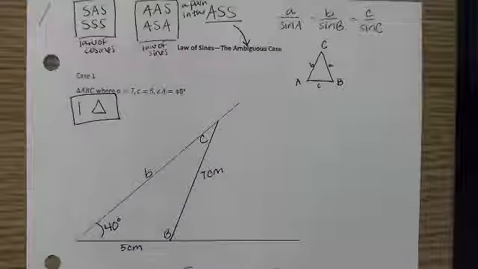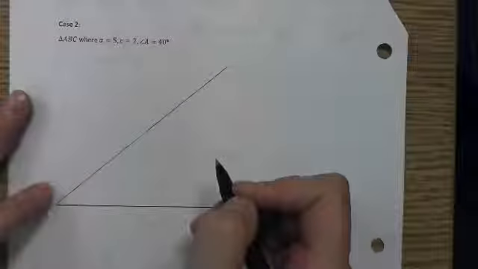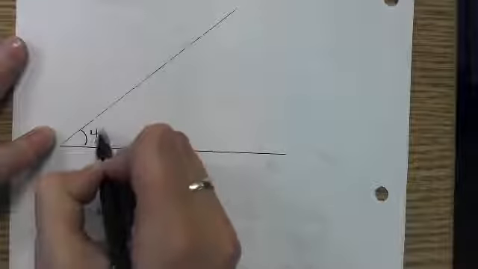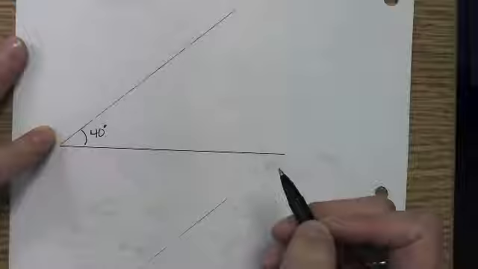Okay. Next page. Ta-da. Alright, on this one, angle A is 40 degrees. Side C is going to be 7 centimeters.